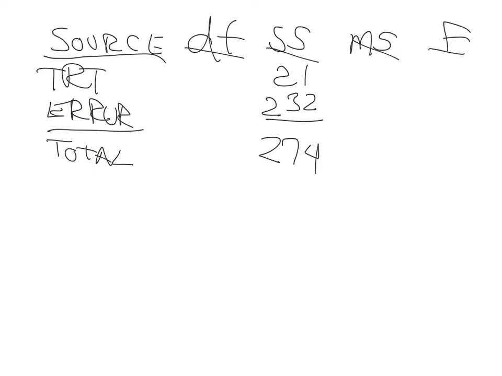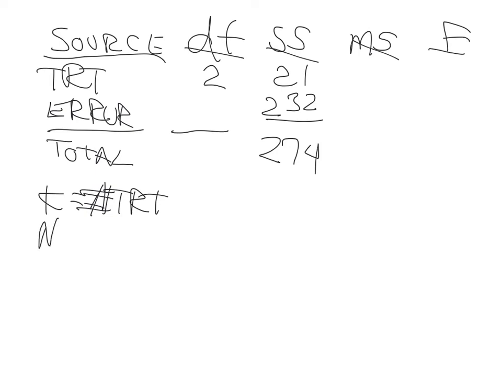Okay, so treatment degrees of freedom are K minus 1 in this case. So K is the number of treatments. How many treatments did we have? We had 3. So 3 minus 1 is 2. Now the way I like to do this is kind of go at it backwards.